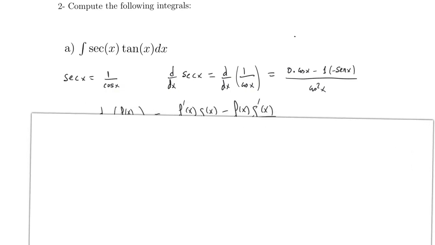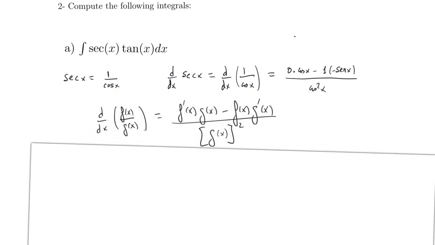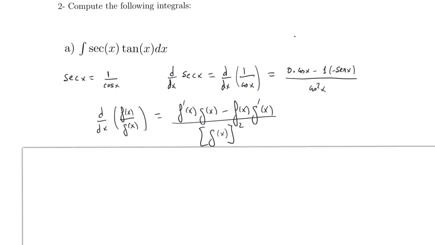And if you remember, the derivative of a quotient of two functions is, this is the rule, the derivative of the first multiplied by the second minus the first function, the numerator, by the derivative of the denominator, divided by the denominator squared.